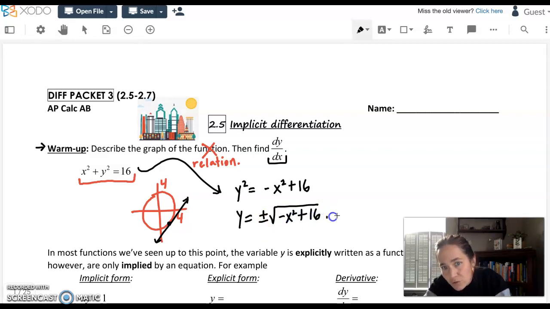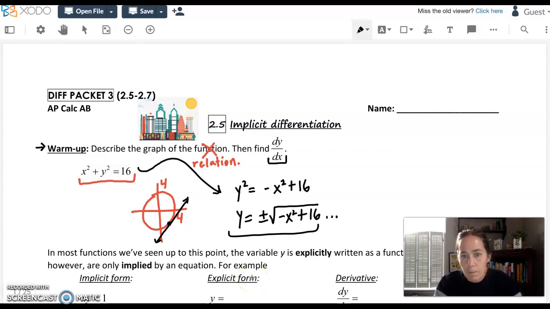I'd have a job to do twice now, right? I'd have to find a dy dx, find a derivative with respect to x for the positive version of that square root and also for the negative version of that square root. But before I go do this entire warm-up, I'd probably need a little bit of chain rule here. I'm already thinking that we're going to need a quicker way.